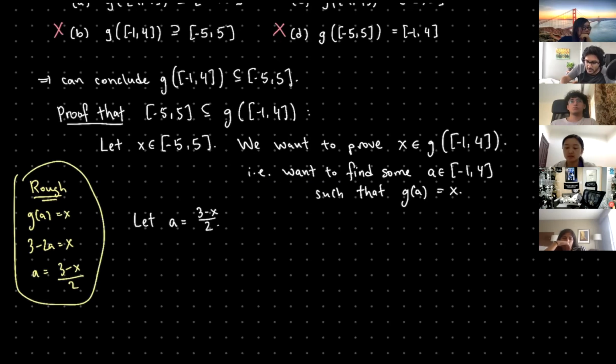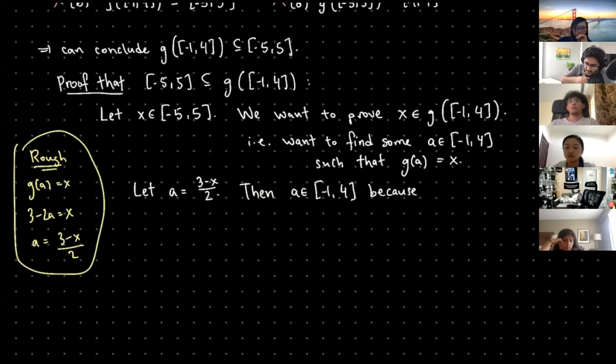And all I have to do is check that a is in this domain. So let's check. Then a is between negative 1 and 4 because, okay, running out of time, I wanted to give you a problem to work on. A is between negative 1 and 4 because, well, let's see. I know x is between 5 and -5.